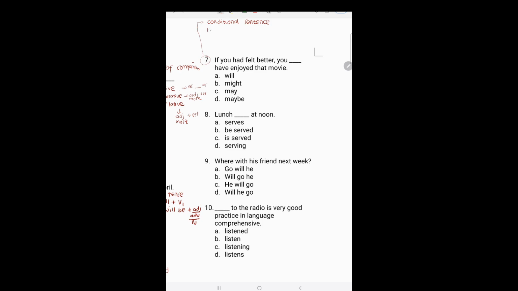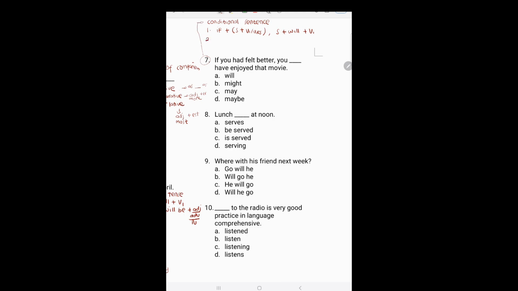First, type 1. The pattern is if plus present tense, or subject plus verb 1 or verb s/es, and then simple future tense, or subject plus will plus verb 1.